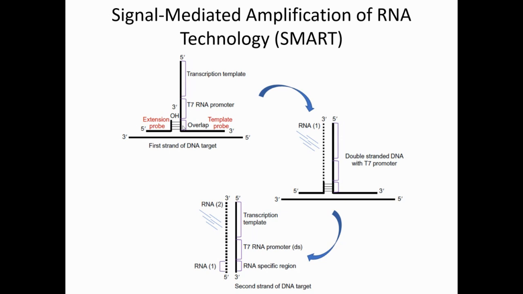So they come near each other and you have this three-way junction. And another long probe also contains a T7 RNA promoter and the transcription template.